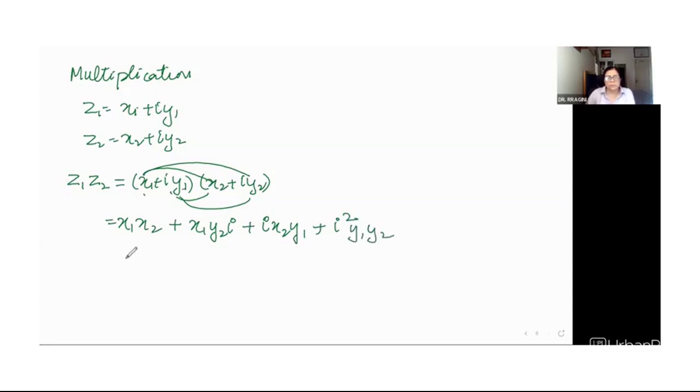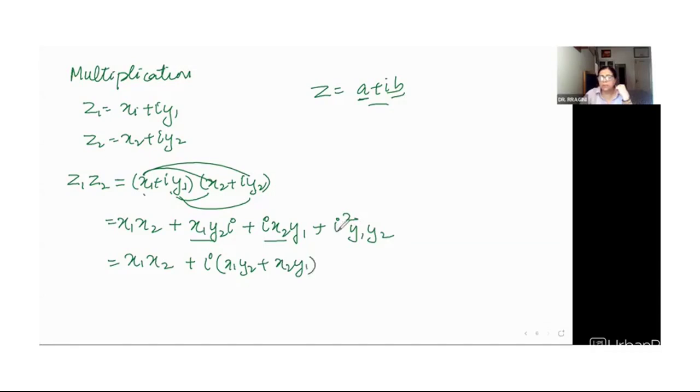See here, we have iota common to these terms. In the standard form, every complex number is written as one real and one imaginary part. So we have to club all the real numbers aside and all the imaginary numbers aside and then write it in this form. So iota is common here. We have x1 y2, x2 y1.